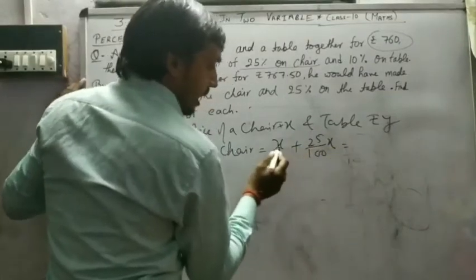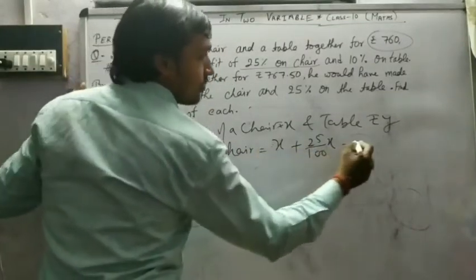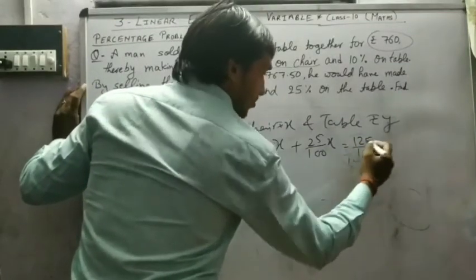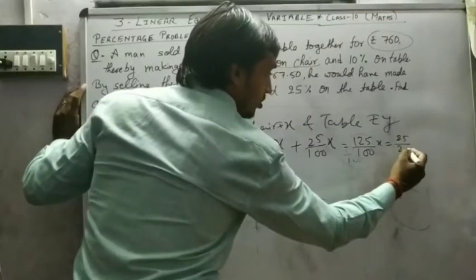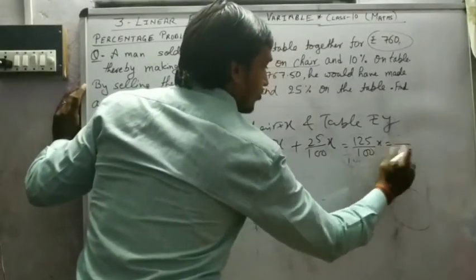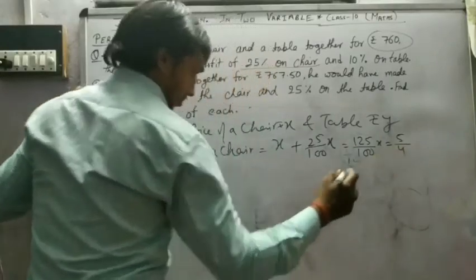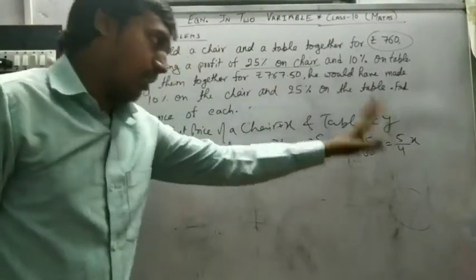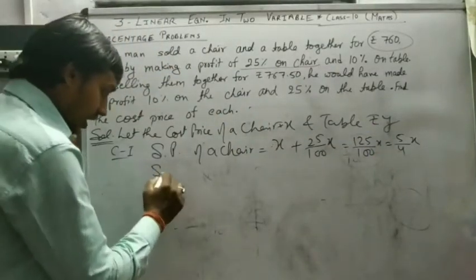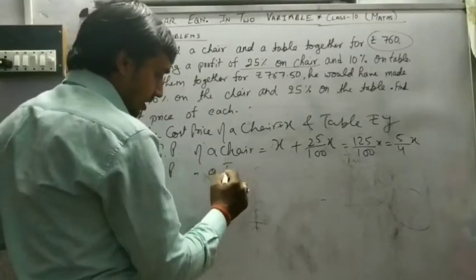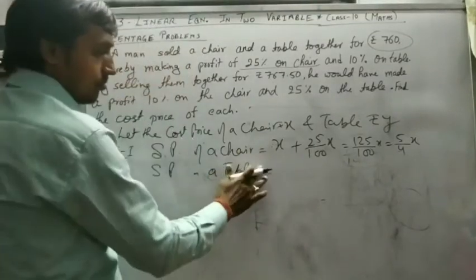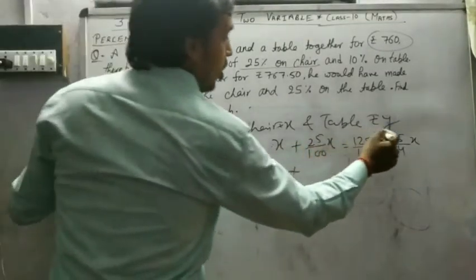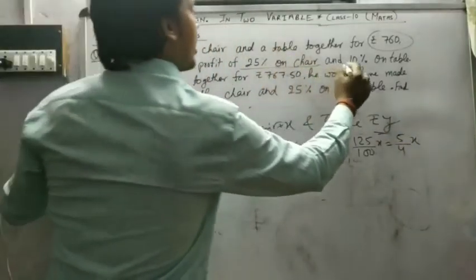So actually 100% and 25%, 125% of x. That means 125 upon 100 x, you can take the LCM and solve them, you get 5 upon 4 x. Selling price of a table: y plus, because the table cost price is y and the profit on the table is 10%.